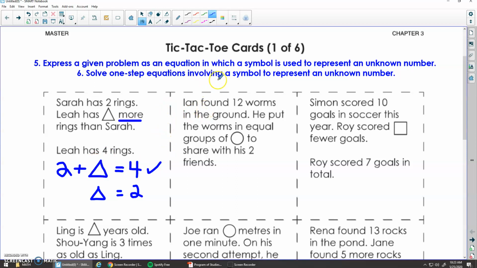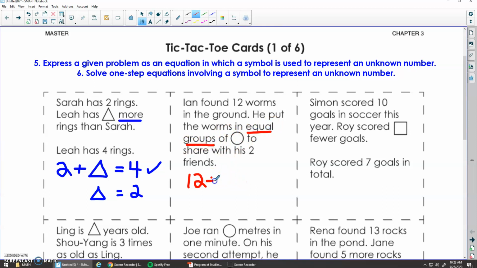Okay, let's try this one. Ian found 12 worms in the ground. He put the worms in equal groups of circles to share with his 2 friends. So if Ian found 12 worms, now you know that equal groups is what operation? We just finished it. It is division.